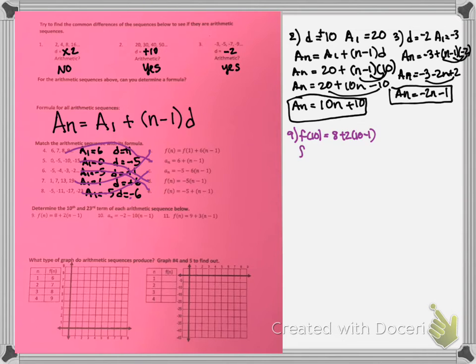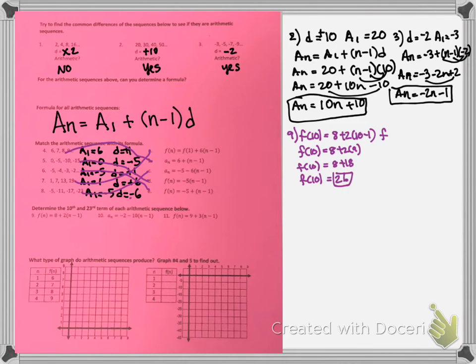And then we're just going to keep solving it until we get an answer. So we're going to get 8 plus 2 times 9. That's going to give me 8 plus 18. And that gives me the 10th term is going to be equal to 26.